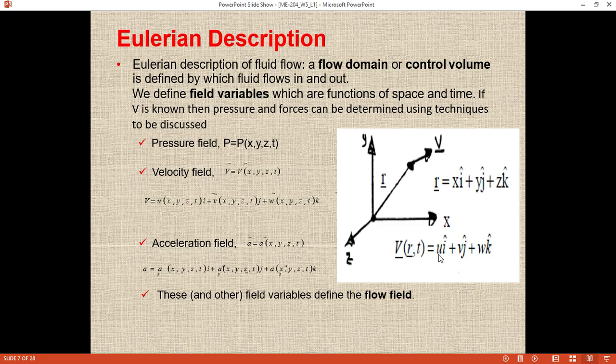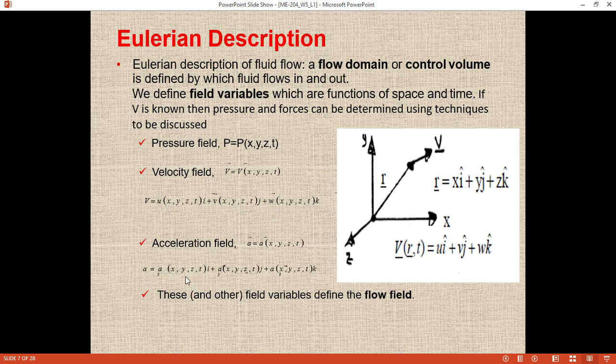The component of velocity in the x direction is u, in the y direction is v, and in the z direction is w. So here we describe the Eulerian description of velocity. That means u is a function of x, y, z and time, and v is also a function of x, y, z and time.